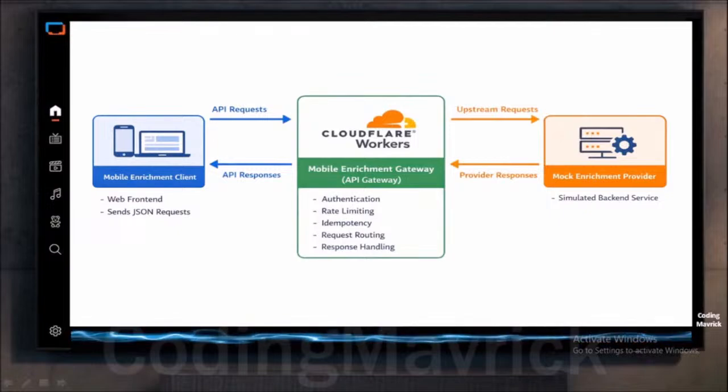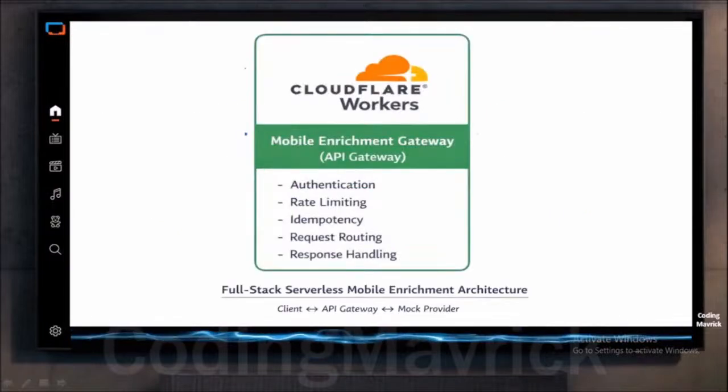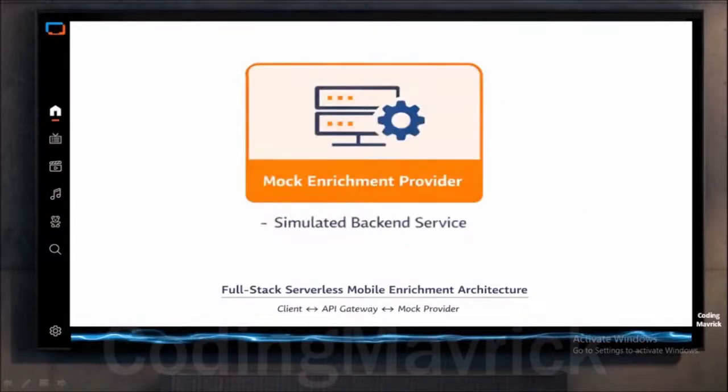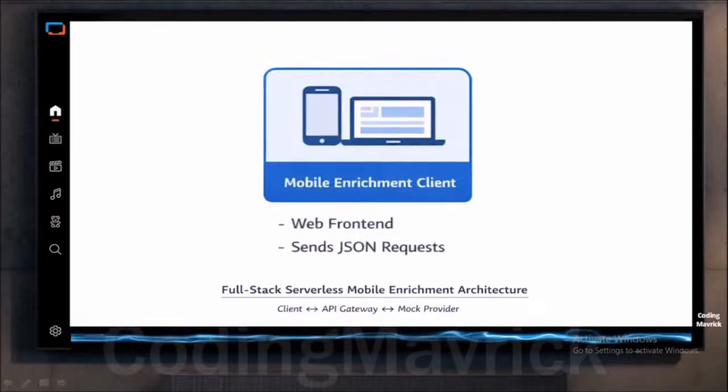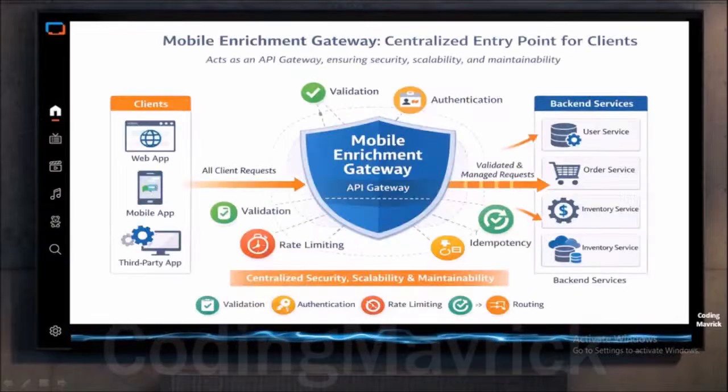These systems are the mobile enrichment gateway, the MOC enrichment provider, and the mobile enrichment client. Let's start with the most important component, the mobile enrichment gateway. This system acts as an API gateway, meaning it serves as a single entry point for all client requests.